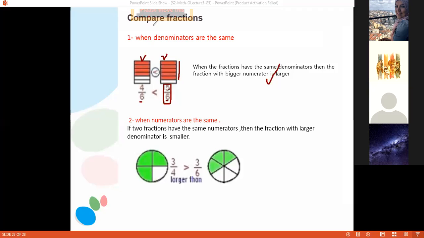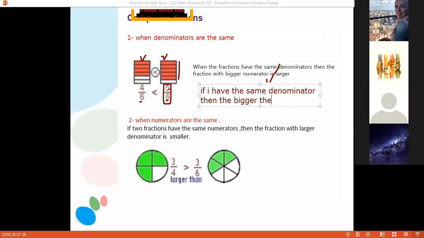If you are not going to say it as I say it, you're not going to learn it. If I have the same denominator, then the bigger the numerator, the bigger the fraction. Say it, please.